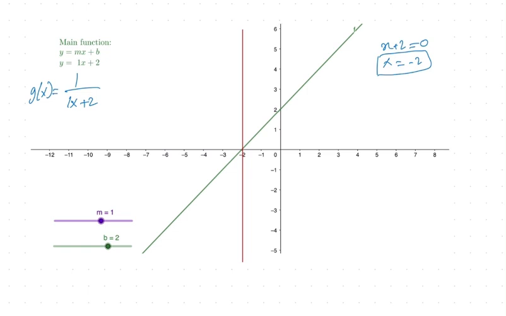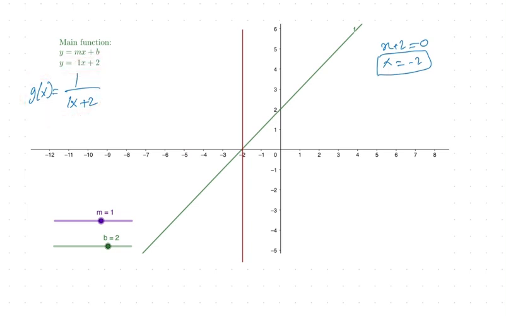Now what we need to do is find the points that are not changing from my function. To do that, you need to set this equal to this. If the point does not change from this line to our reciprocal function, it means that this is equal to this, and we will solve for that.